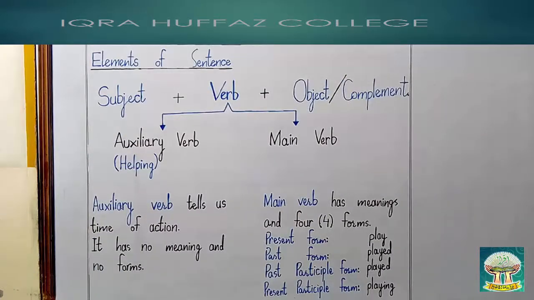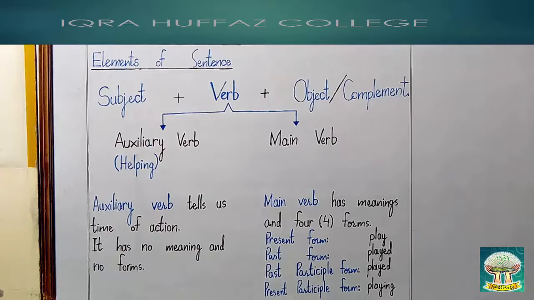Let's understand the second element of sentence, which is verb. Verb is an integral part of a sentence. Do you know how many languages are spoken in the world? Did you say 20? Oh, I heard somebody say 100. Okay, let me tell you.